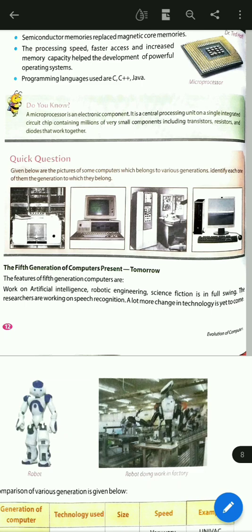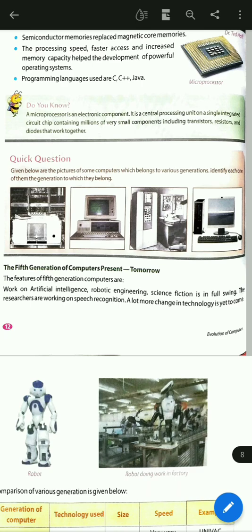Now next comes robotic engineering. Robots can also work for us as an assistant. If you give a voice command to a robot to do a specific task, then it will perform the task for you.